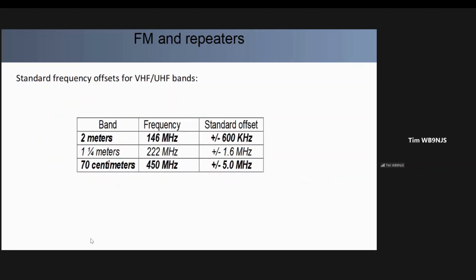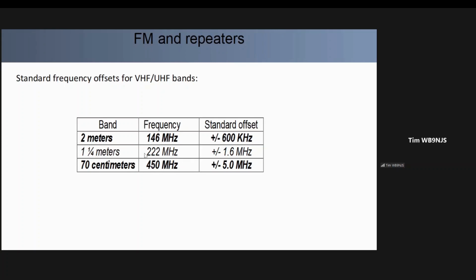Speaking of offsets, there's only 2 questions on the test that actually ask you about it, but here are 3 pieces of information. The 2 meter band, 146 megahertz, the standard offset is either plus or minus 600 kilohertz. So there'll be 600 kilohertz difference between the transmit and receive frequencies.